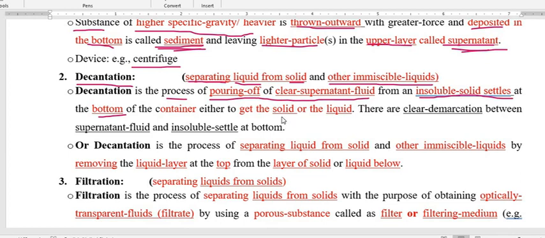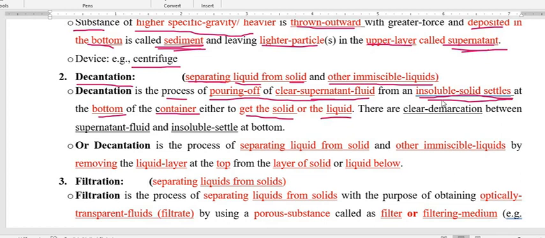So decantation is simply a process of pouring off the supernatant fluid that is clear, while the insoluble solid particles are settled at the bottom of the container. We remove the supernatant, and therefore we have separated the solid from the liquid.